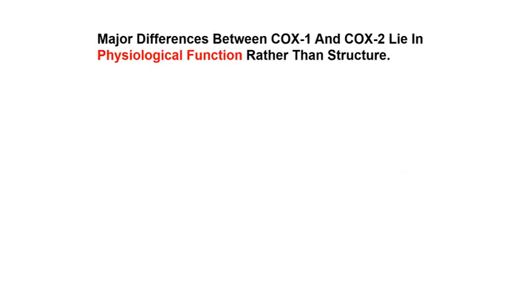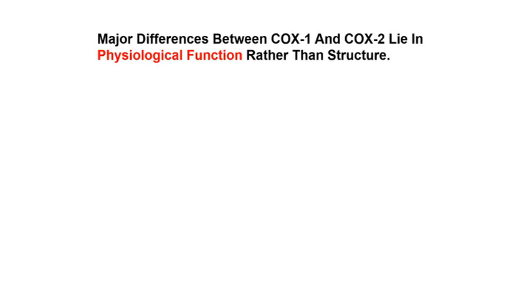Analyzing the differences we mentioned in the last two slides, we come to a conclusion that there are no big differences between the two isomers of the enzyme COX-1 and COX-2 from the chemical point of view.